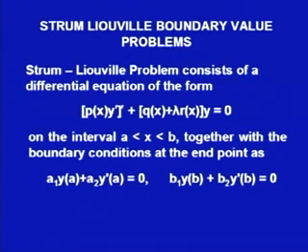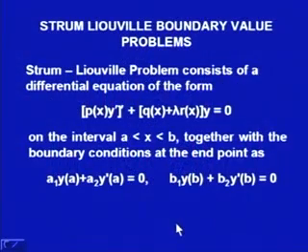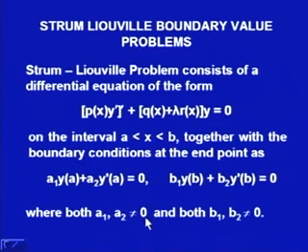Now, we see the Sturm-Liouville problem: our differential equation is linear homogeneous, and the boundary conditions are linear and homogeneous. So, this is actually a linear homogeneous boundary value problem, where the equation is of a special form. In this Sturm-Liouville problem, we do require for these boundary conditions that a1, a2 and b1, b2 should not simultaneously be 0.